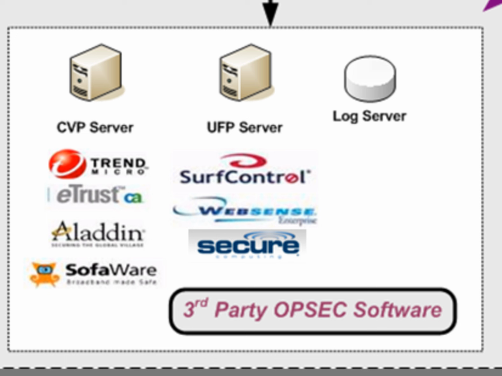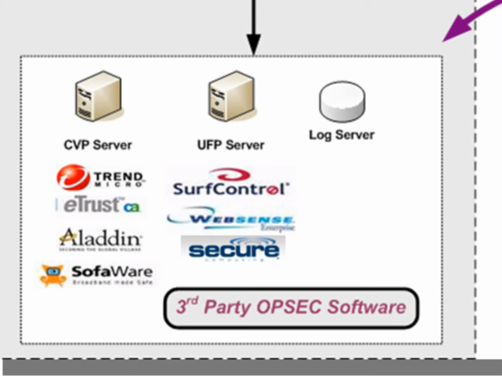The UFP server can use SurfControl, WebSense, and Secure Computing, or again the homebrew UFP based on Secure Computing software. And the log server, to which the appliances send all their logs to the SMP for monitoring, notifying, and creating reports.